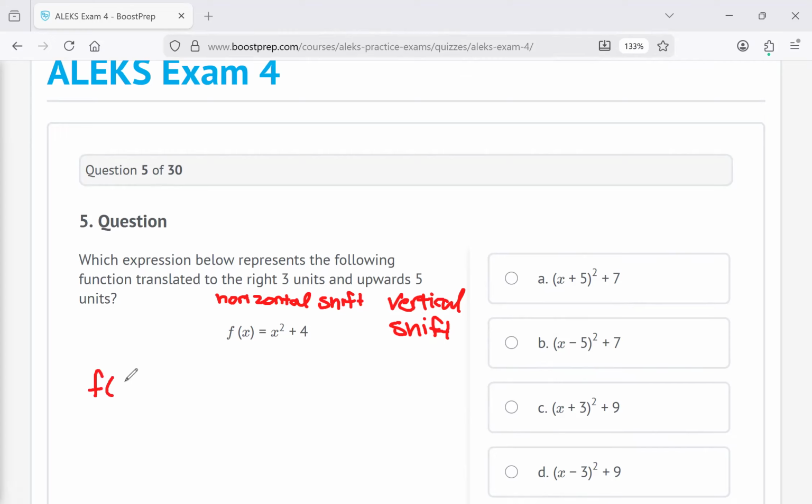So f of x equals translate right 3 units, so that's going to be (x minus 3) squared plus 4. Oops, not 4, you're right, upwards of 5, so you have to add 5 here. So 5 plus 4 is 9. Letter D.